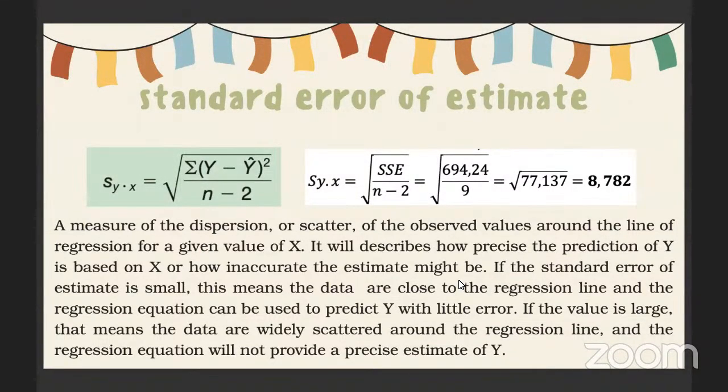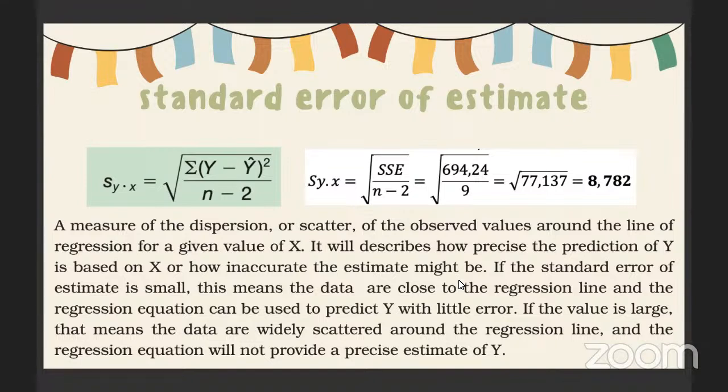And then we're gonna go next to the standard error of estimate. It is the measure of the dispersion or scatter of the observed values around the line of regression for a given value of x. This standard error of estimate will describe how precise the prediction of y is based on x, or how inaccurate the estimate might be. Actually, it is also provided by the analysis toolpack table, but here I'm going to show you how to calculate it using its formula.